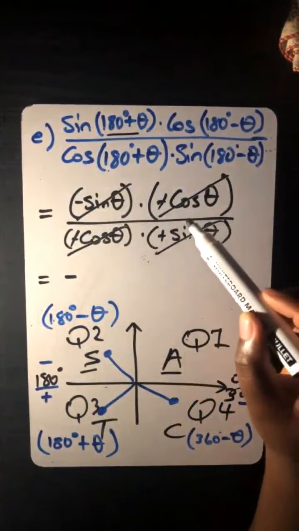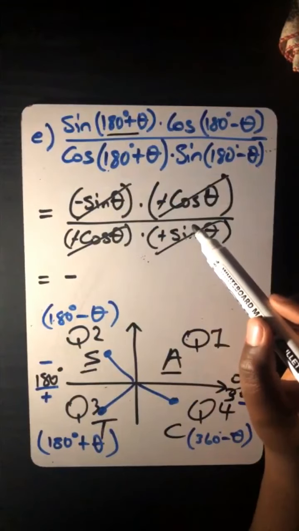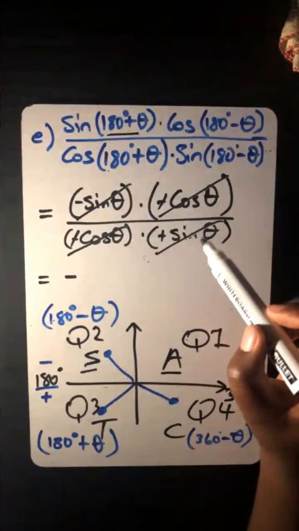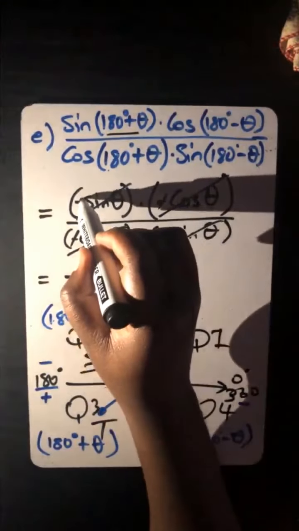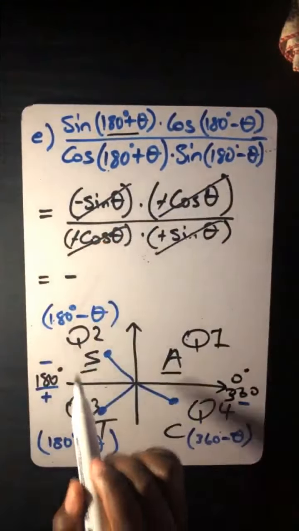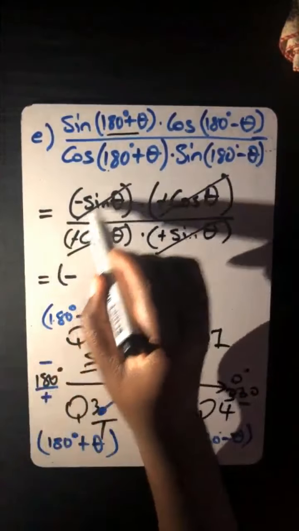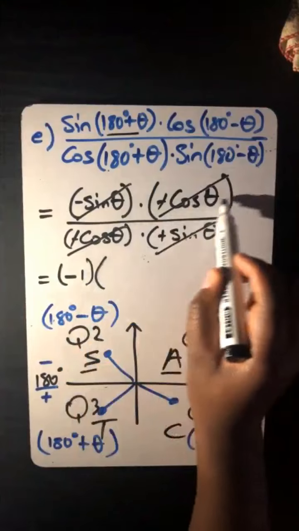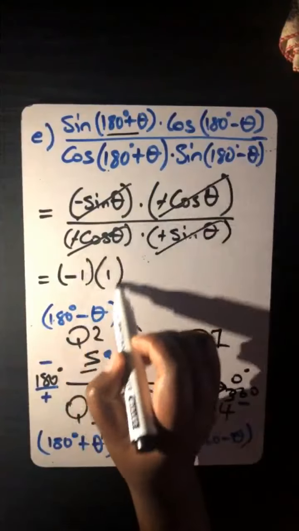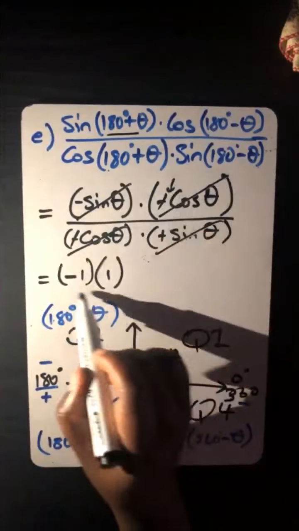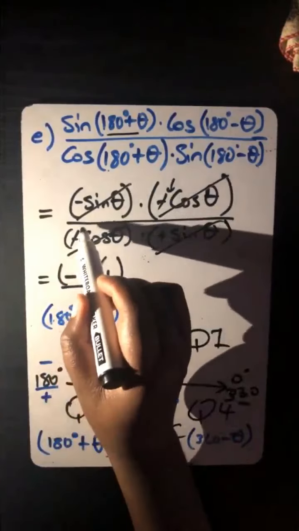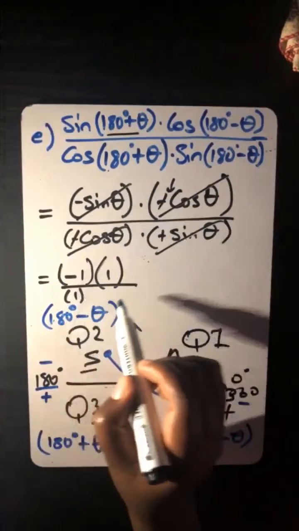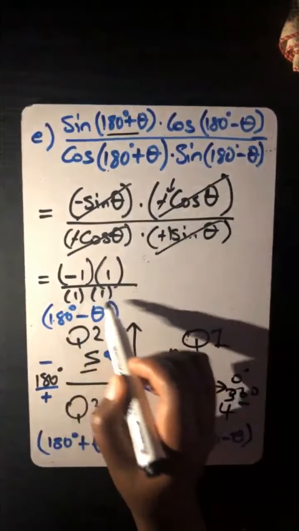So where is that one? Where does that one come from? It comes from that invisible one there. So it's more like now that sine is cancelled, we have negative 1. And now that the cos is cancelled, we just remain with that invisible 1 over there, divided by, there we have invisible 1, also there we have invisible 1.